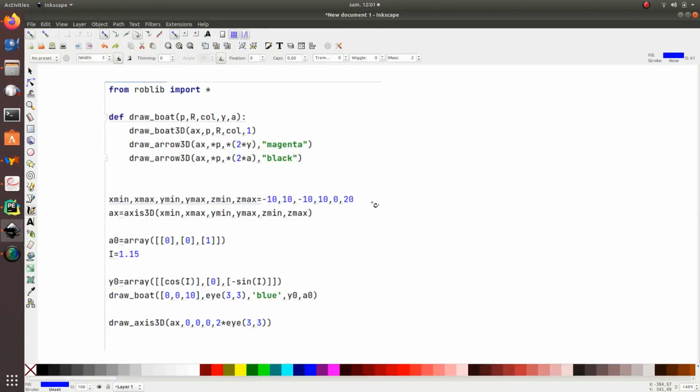For the visualization, I propose the following program, which uses the Broblib library, and I will draw the boat with two arrows. This arrow in magenta corresponds to y, the magnetic field, and A here is the acceleration we measure, and it is related to the gravity.